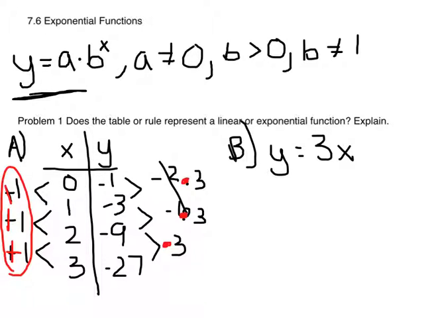So this is definitely not an exponential function. So if I think about linear functions, y equals mx plus b, this is y equals 3x plus 0. So this is obviously a line. We don't have to show the plus 0, but we can say that this is linear, and our reason could simply be that x, the variable, is not an exponent.